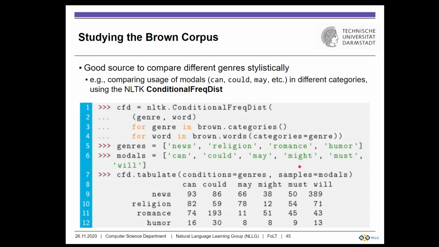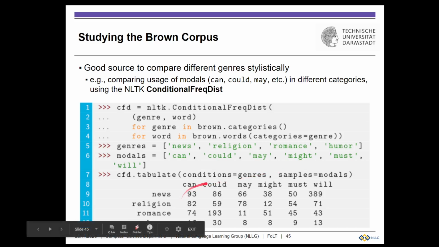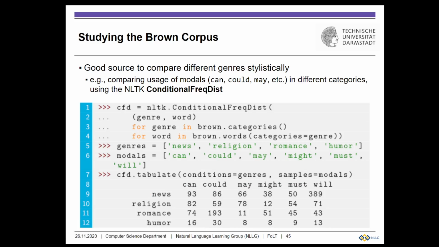You can think yourself what your intuition is. We tabulate that again without doing the cumulative plot, just a tabulation: how often do can, could, may, might, must, will occur in those different genres? So you can try this out and be surprised or not by what's coming out.